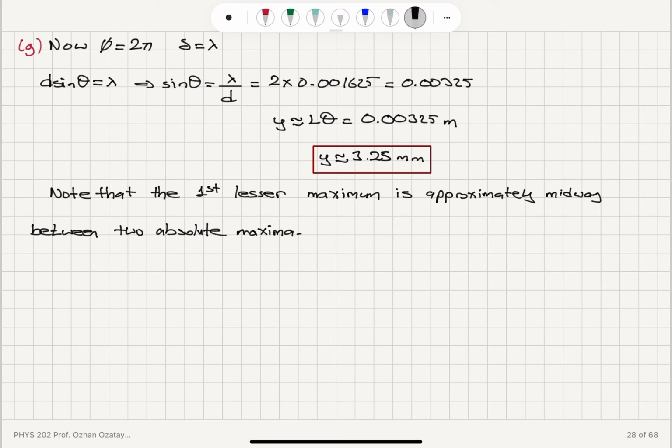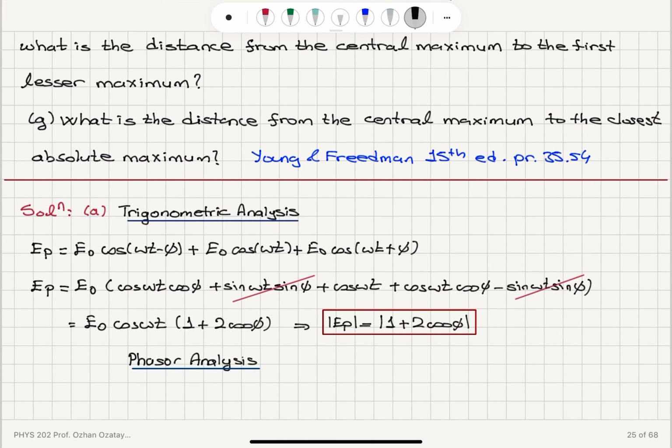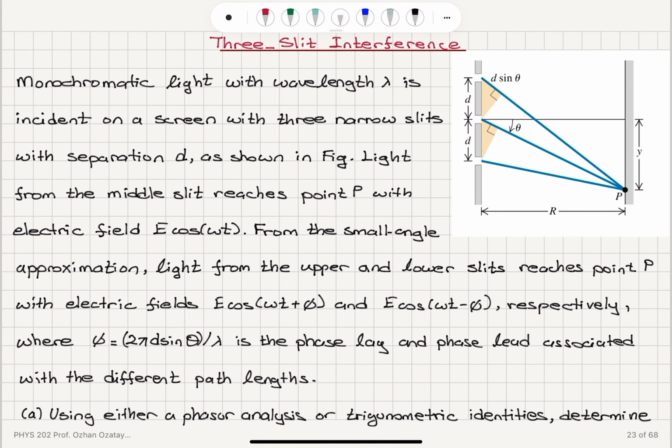All right. So in this problem, we have talked about three-slit interference, looking at the rays coming from three different slits at point P. We have a phase difference developing due to the path differences.